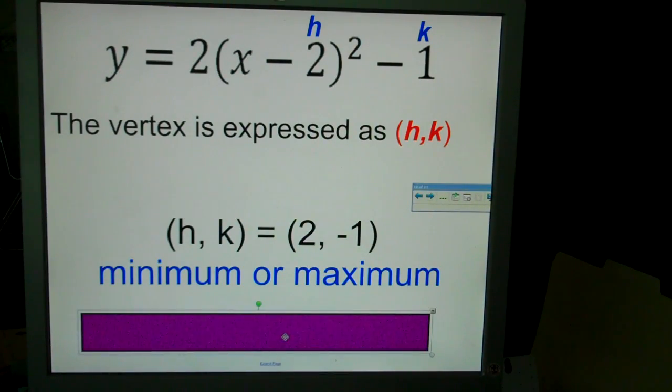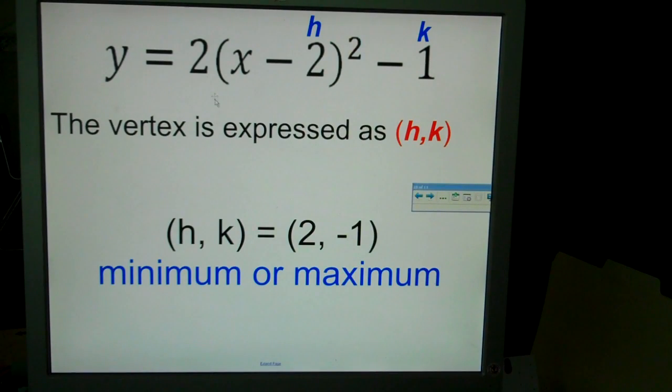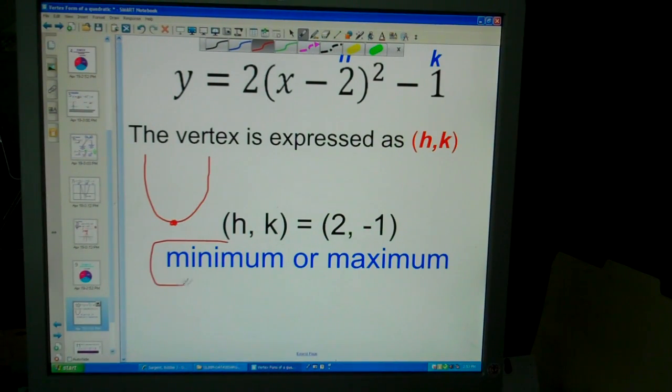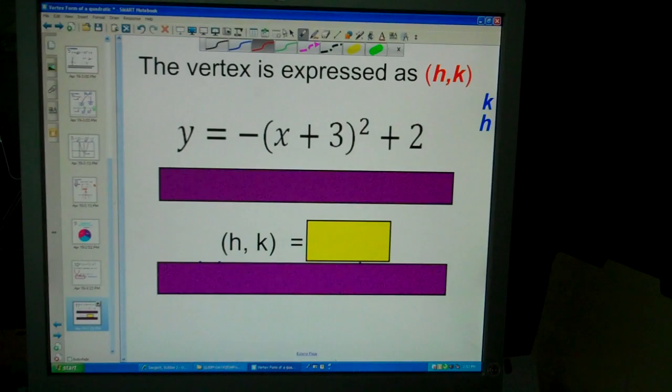Is that a minimum or a maximum? Well, let's think about it. Our parabola is positive. So it's going to be opening up this way. So this one would be a minimum.